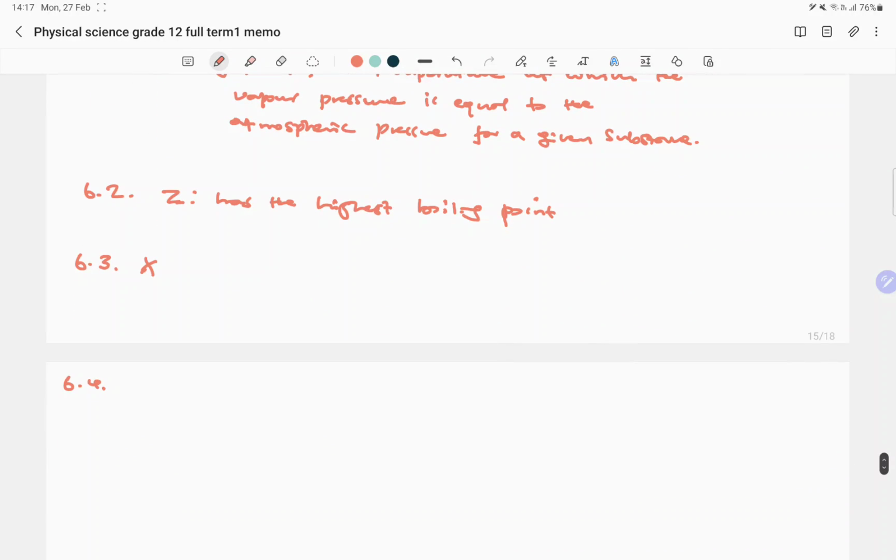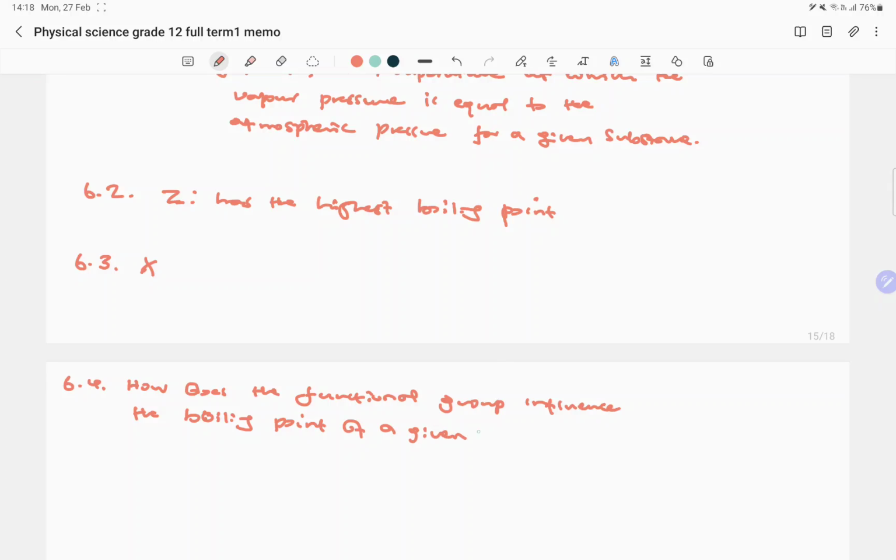So we can say, how does the functional group influence the boiling point of a given substance?